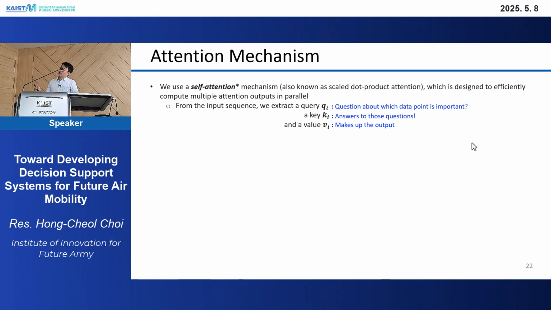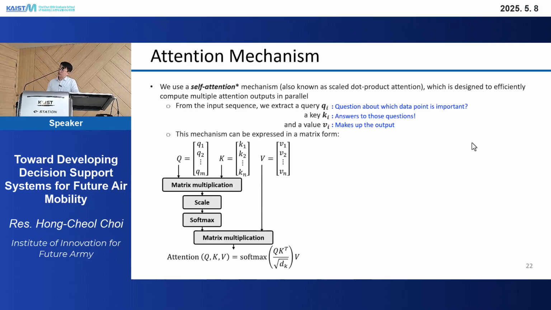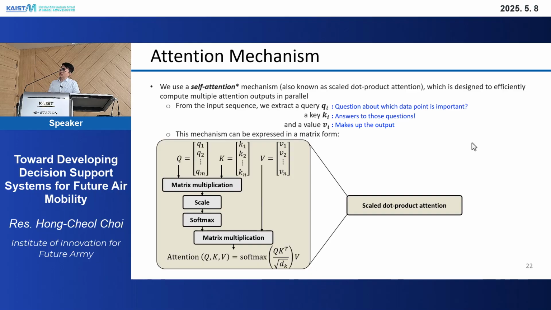The self-attention mechanism is well known because it shows efficient computation, because it can be expressed in matrix form. If the query, key, and values are extracted, then those values are deterministic, so we can take advantage of parallel computation using this matrix form to compute the attention. It is also known as scaled dot product attention.